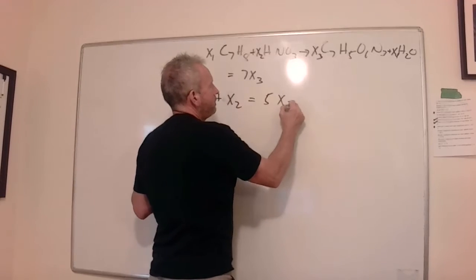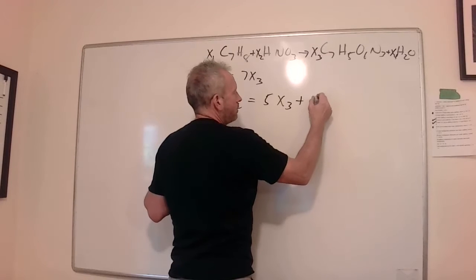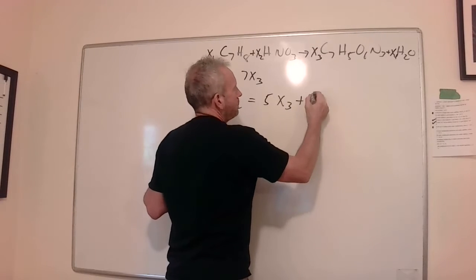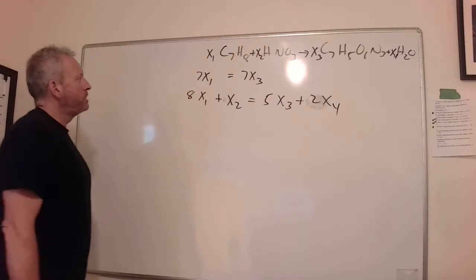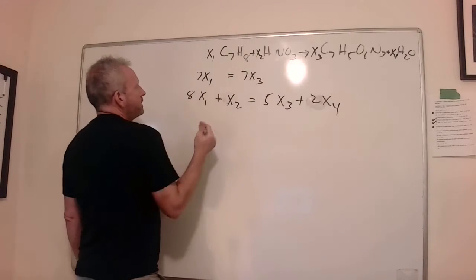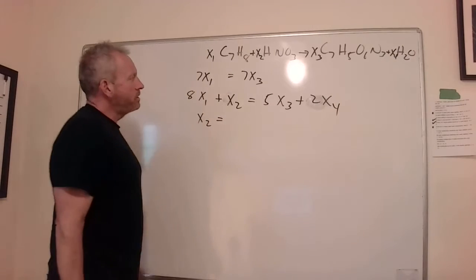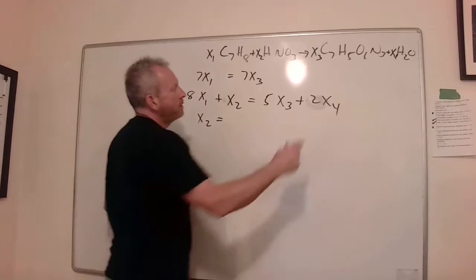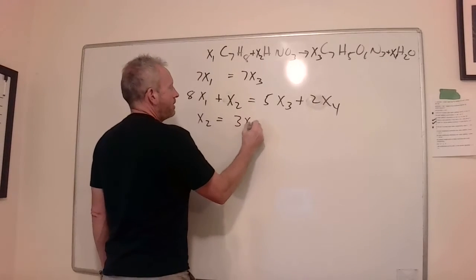So 5x3 plus 2 hydrogens and good old H2O over there. So 2x4. And nitrogens, we have 1 nitrogen here, so x2. And nitrogens on that side, they only appear here, right there. 3 of them, x3.